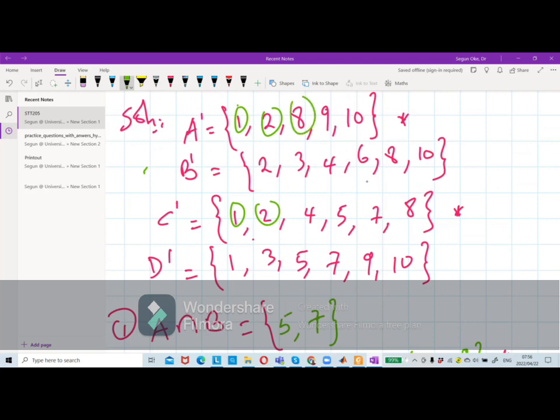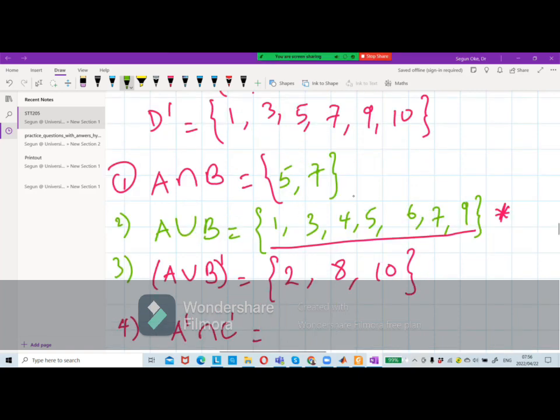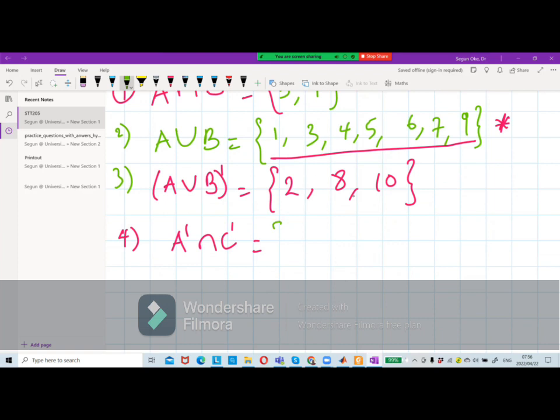We have 8, 8. What else do we have in common? 9 is not there. 10 is not there. So we have 1, 2, 8 in common. These are the intersection between them.